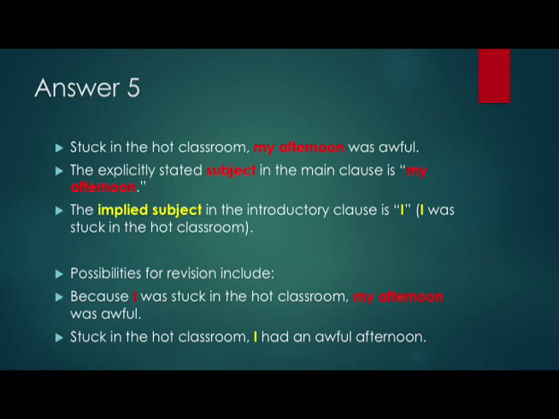Or because I was stuck in the hot classroom, my afternoon was awful. So this is not first this happened and then that happened. Again, when we use the subordinating conjunction after, then we have to convert that part to the past perfect tense. If I want to keep the introductory clause stuck in the hot classroom, I can change the main clause to I had an awful afternoon.